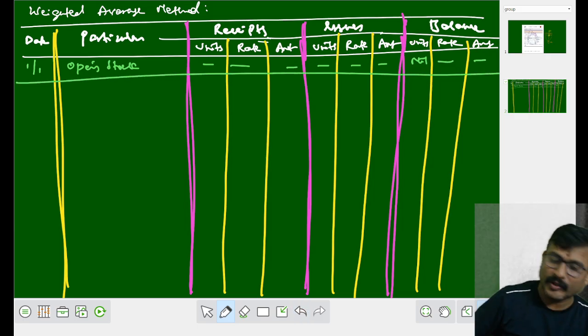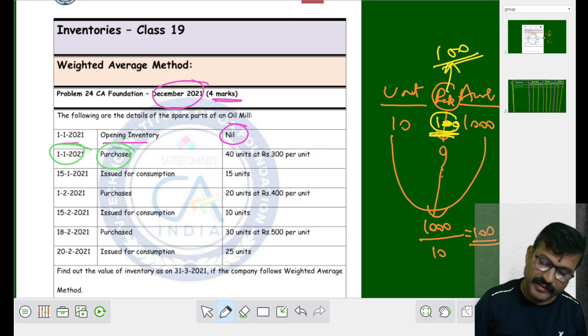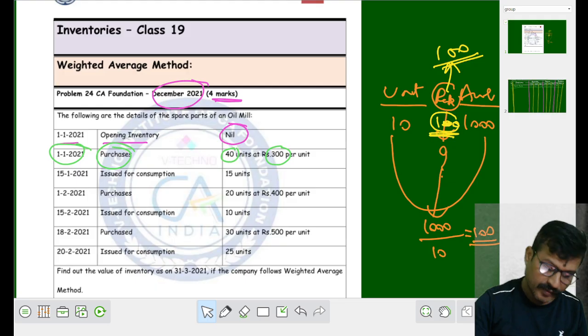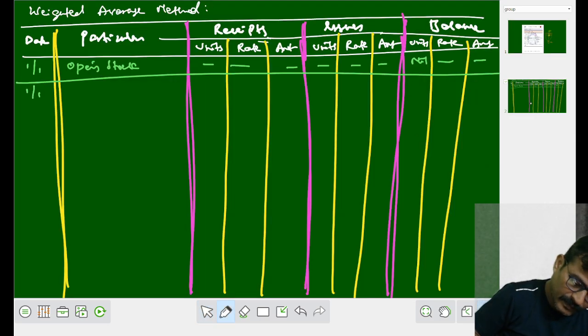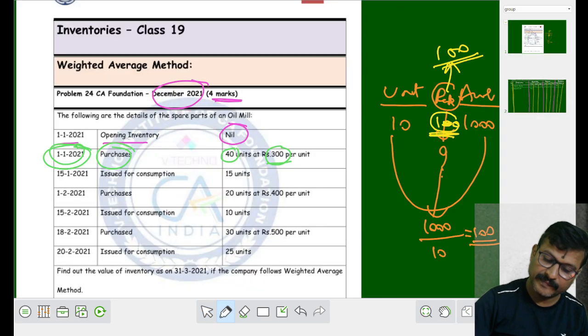Let us draw one closing line. What happened on January 1st? Purchased 40 units, 300 per unit. How many units? 40 units at the rate of 300.